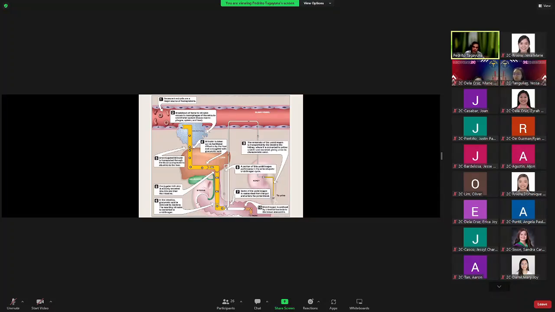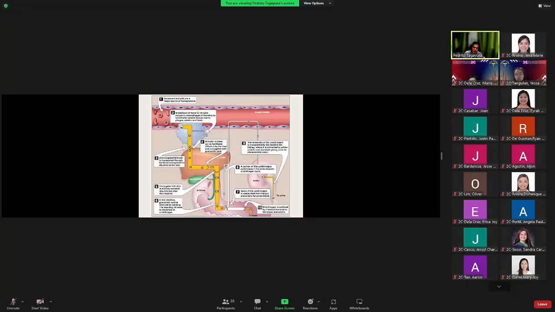That's why if the stool is pale, parang white lang siya, this can mean obstruction in the bile flow, probably because there's no bilirubin reaching the intestine to become urobilinogen and stercobilin.